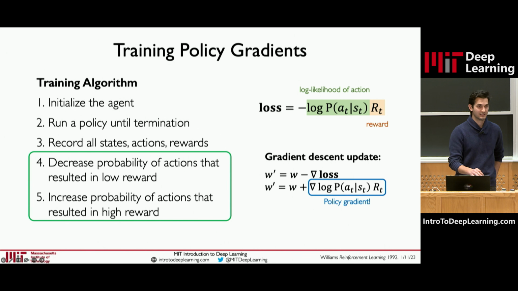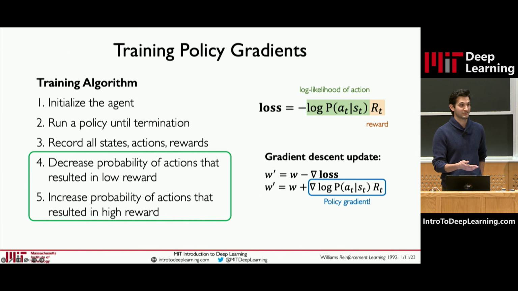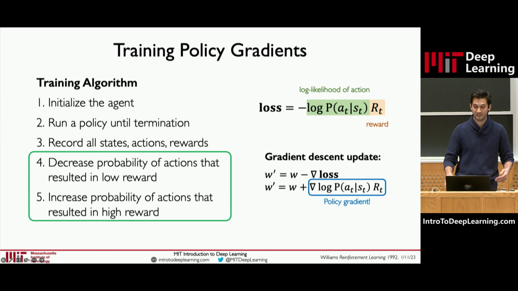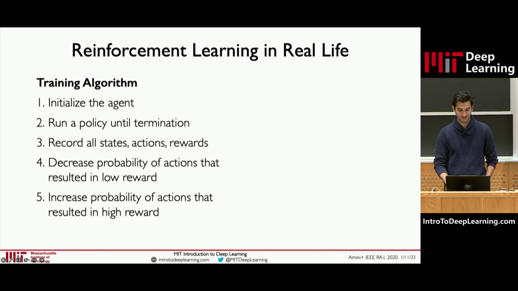This gradient is exactly of the policy part of the neural network. That's the probability of selecting an action given a specific state. And if you remember, when we defined what it means to be a policy function, that's exactly what it means, right? Given a particular state that you find yourself in, what is the probability of selecting a particular action with the highest likelihood? And that's exactly where this method gets its name, from this policy gradient piece that you can see here.